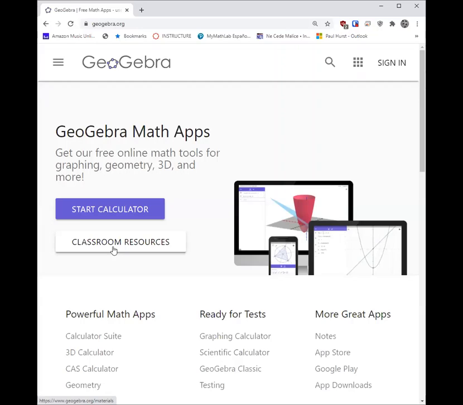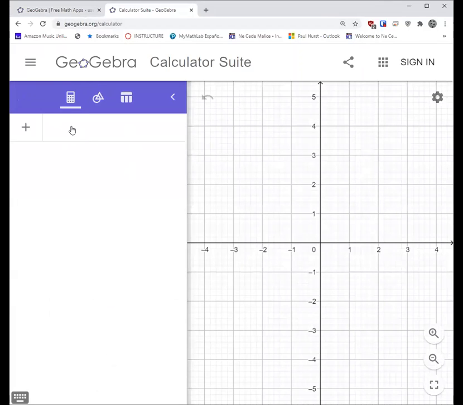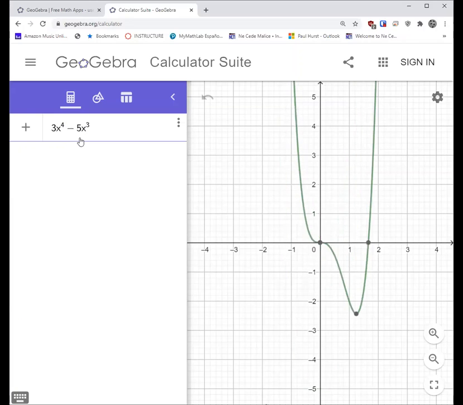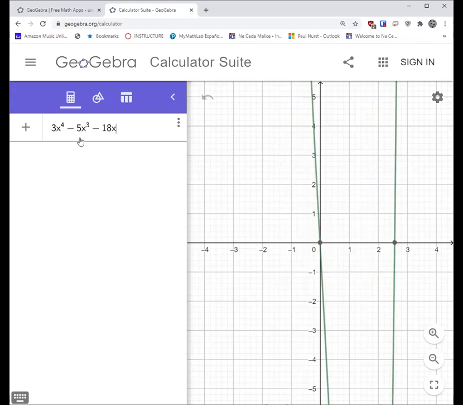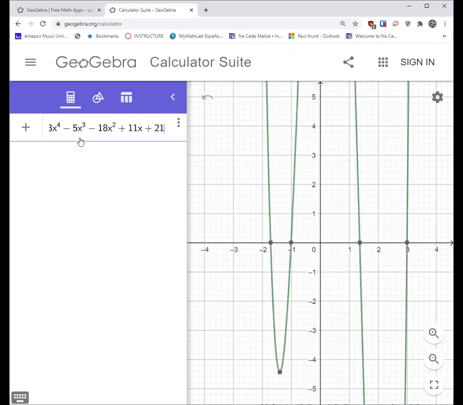Okay, so here's my Geogebra. Start the calculator. So geogebra.org, go to the calculator. Go right there, and I'm going to put in 3x to the 4th minus 5x to the 3rd minus 18x squared plus 11x plus 21.